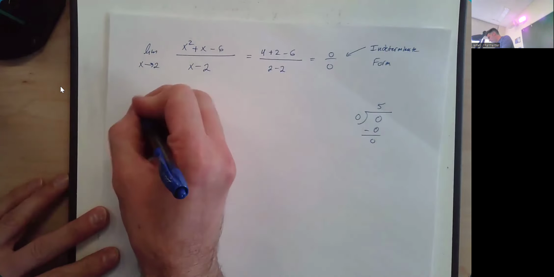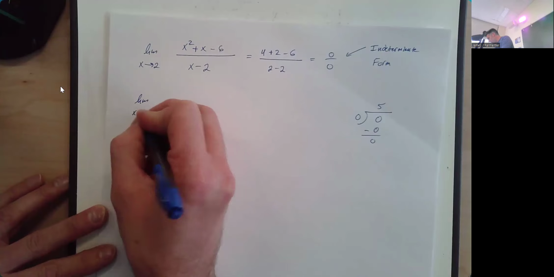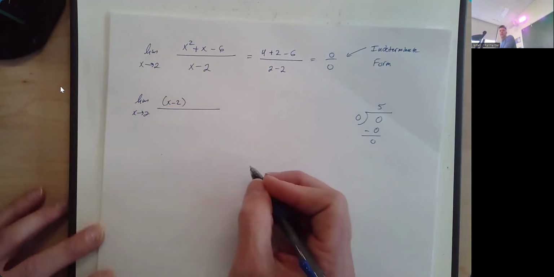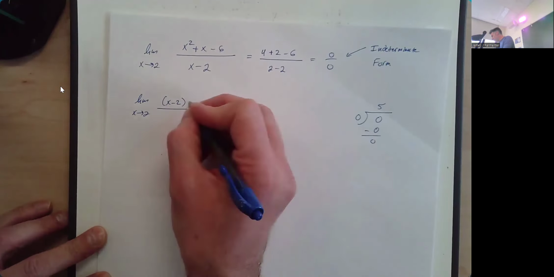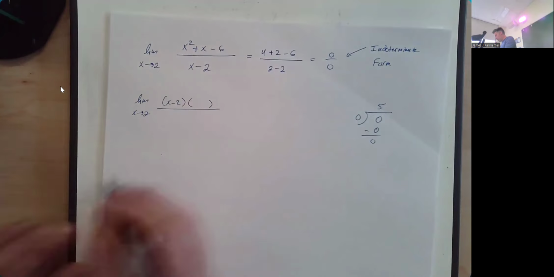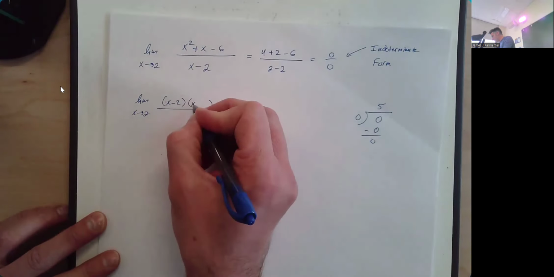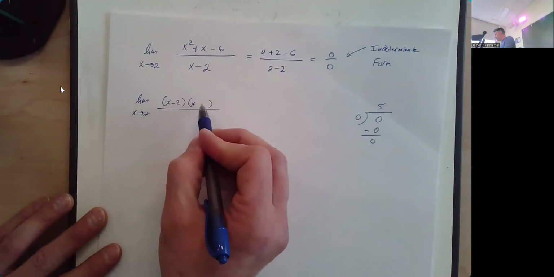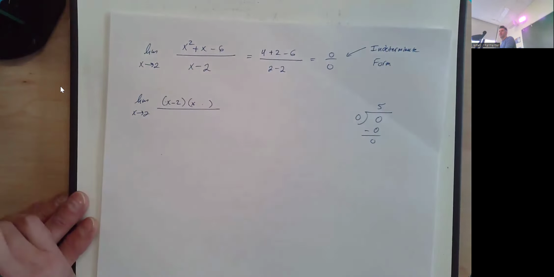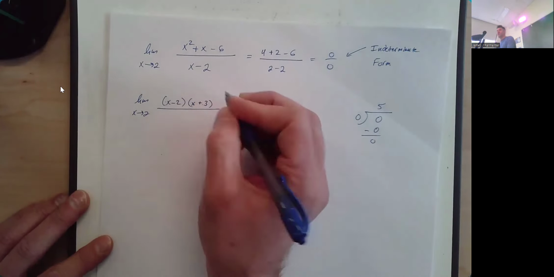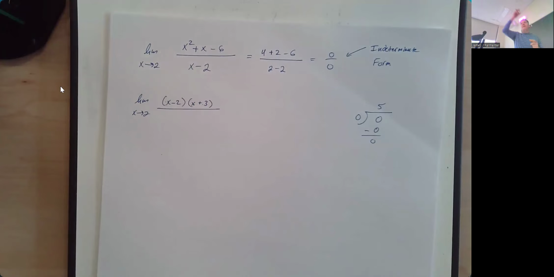But what that means for me is I know right off the bat that x minus 2 has to be a factor, which also makes it really easy to find the other factor, because I know that x times x is the only way I'm going to get the x squared in front, and that negative 2 times what is going to give me negative 6. So if you know one piece of the factoring, finding the other piece is usually really easy.